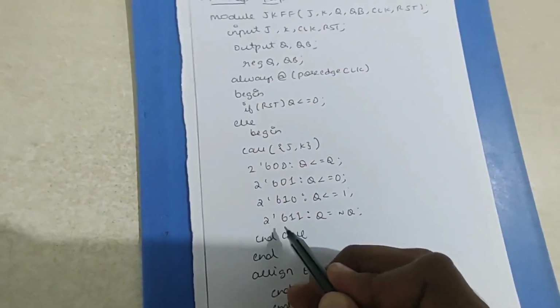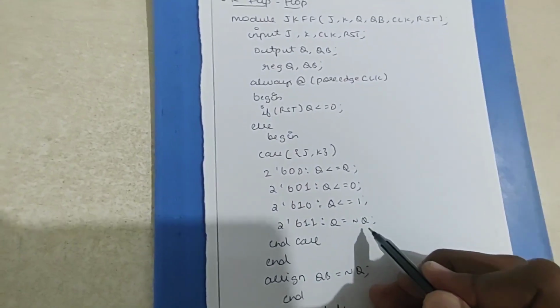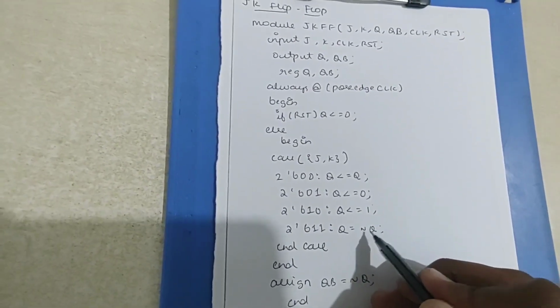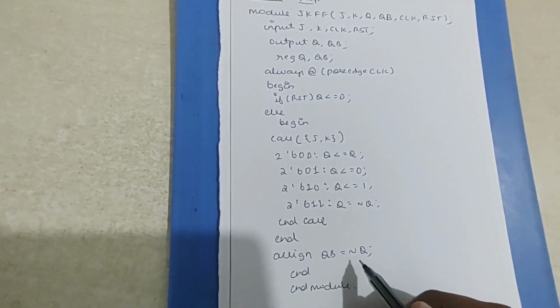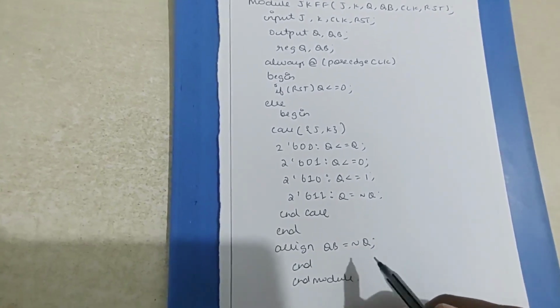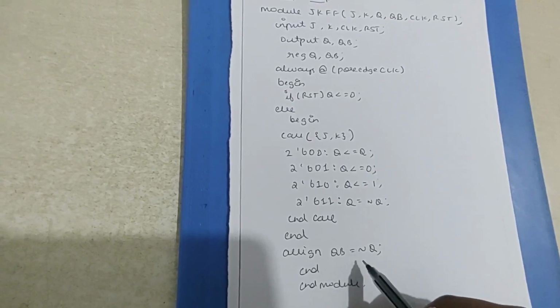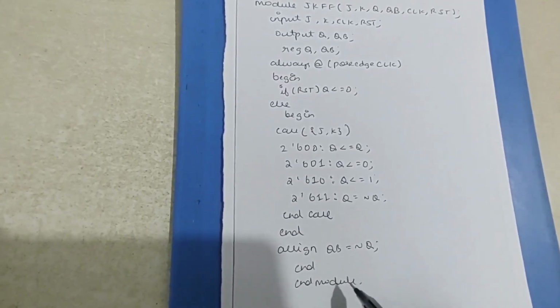And if JK is 2'b11, indicating the toggle operation, Q is complemented to not Q. Here end case, end, and assign QB equals not Q, indicating that this line assigns the complement of Q to QB. It calculates the complement of the current state. Here is the end module.